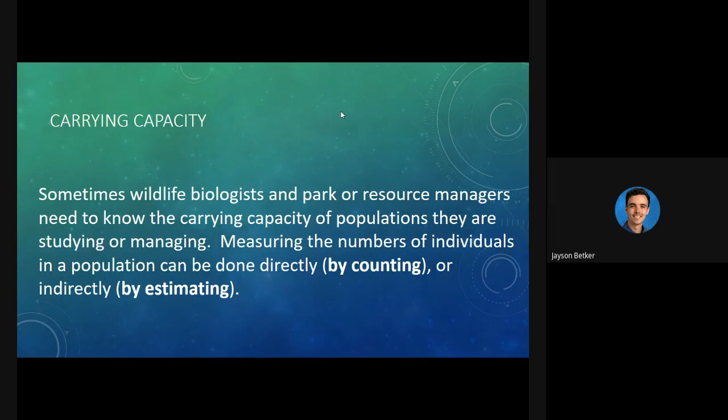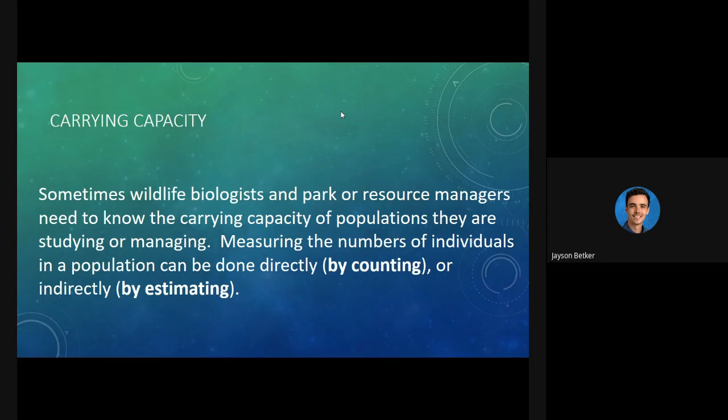So sometimes they have to know how much of a population of a certain animal there is. They can do this by measuring the number of individuals in the population, either directly by literally counting them, or, more commonly, indirectly by estimating. We'll finish on this next slide here.